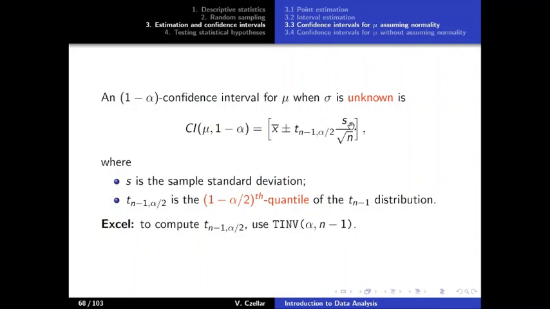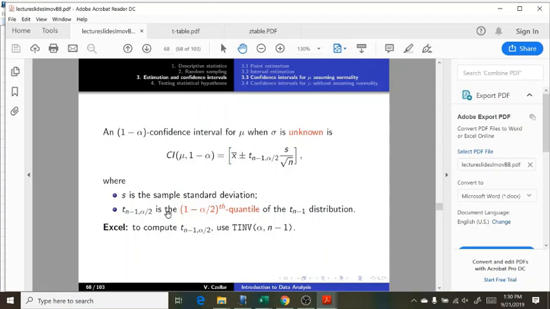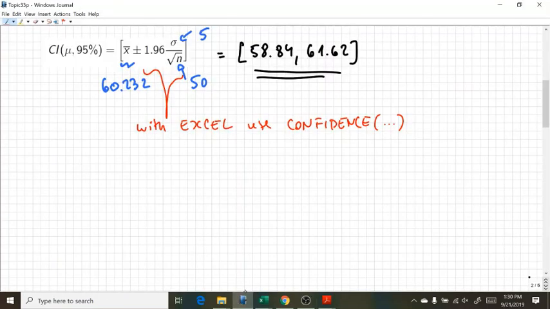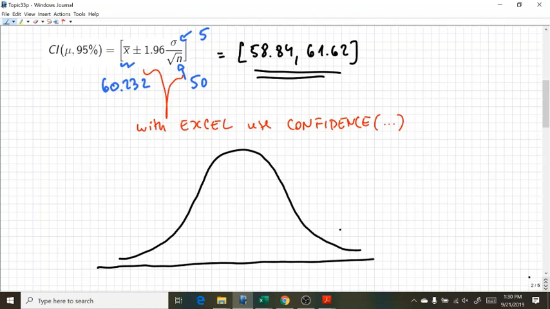And here, instead of sigma, we replace sigma by s, the sample standard deviation, right? And t, what is t? It is the equivalent of z in our previous confidence interval. Let's draw here again the PDF, but this time the PDF of the Student t distribution. So here it is. It also has a nice bell-shaped form, right?